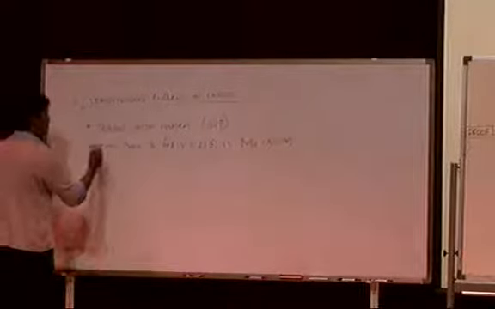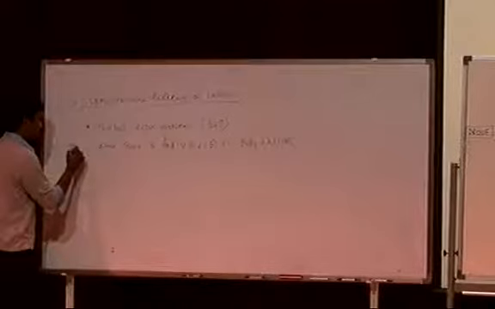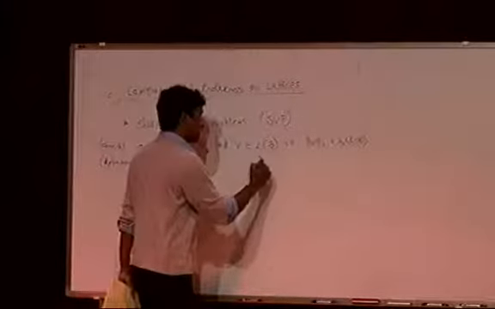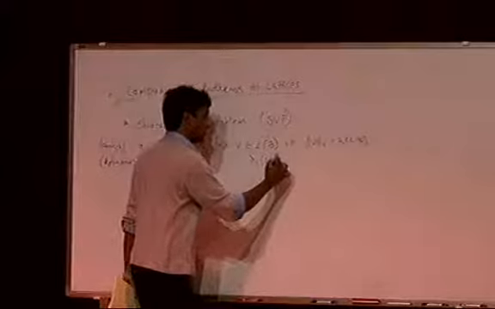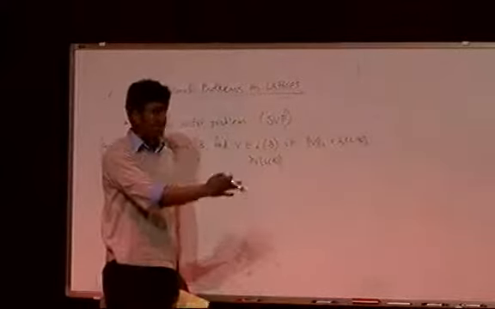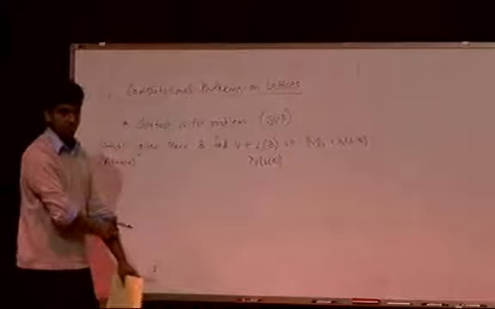This is in fact the search version of the shortest vector problem. You can also define an optimization version, which says given a basis B, you don't have to find the shortest vector. Just tell me the length of the shortest vector. Clearly, if you can find the shortest vector, you can compute its length. So this is an easier problem.